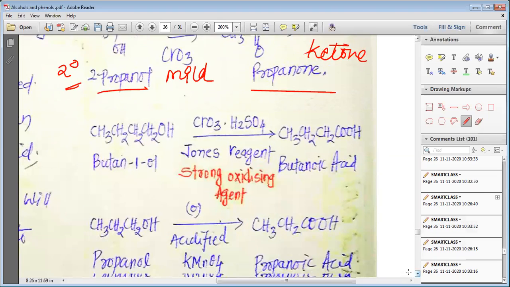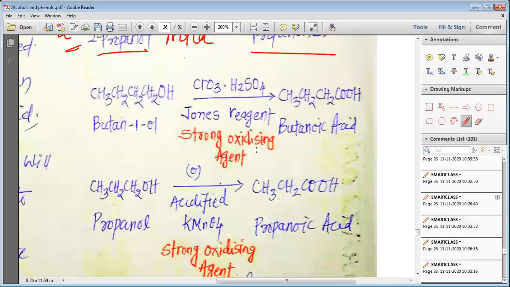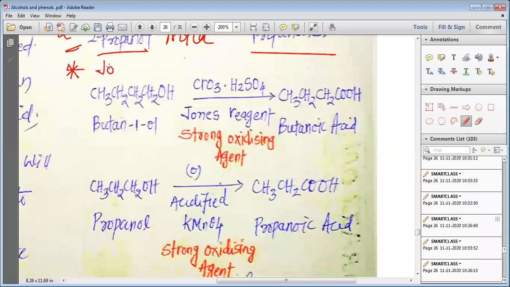Next, suppose you have one more. Now we are going to study one more oxidizing agent. This oxidizing agent is known as the Jones reagent. This Jones reagent is a strong oxidizing agent. Please remember that Jones reagent is a strong oxidizing agent.